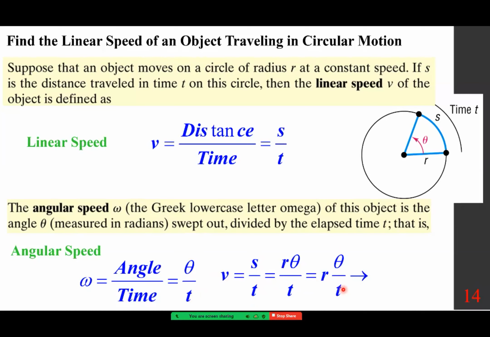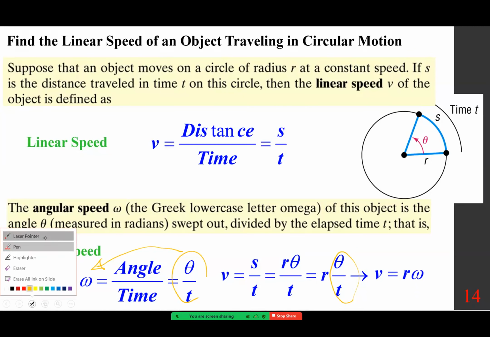So v is r times theta over t, and theta over t is defined as omega. V is r omega. The linear velocity is r times the angular velocity.